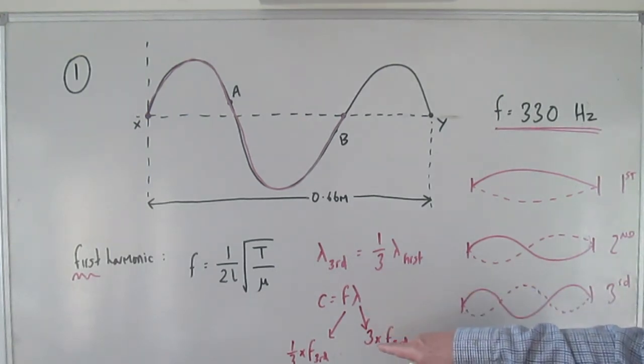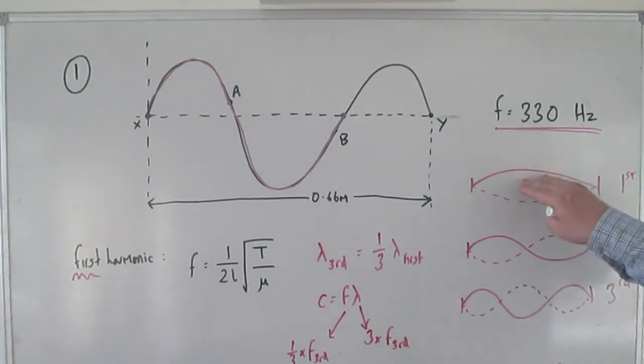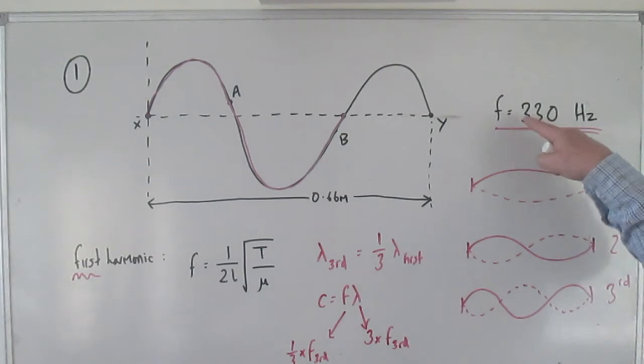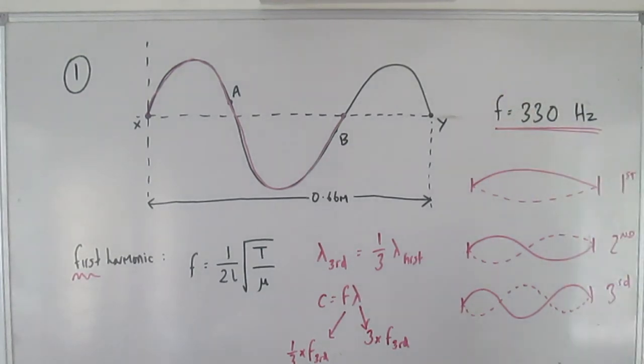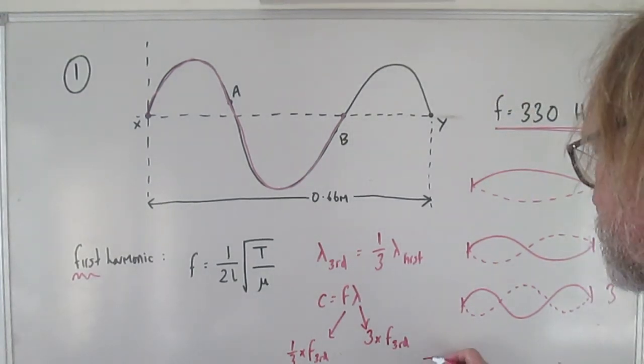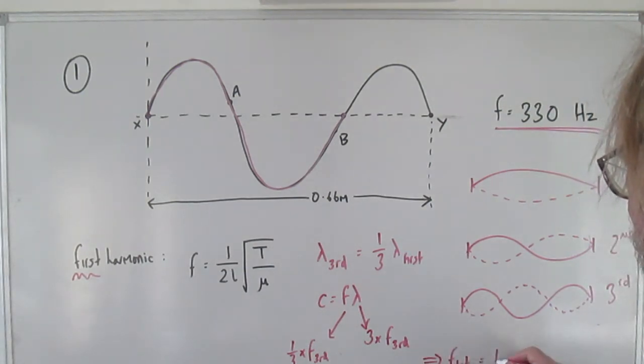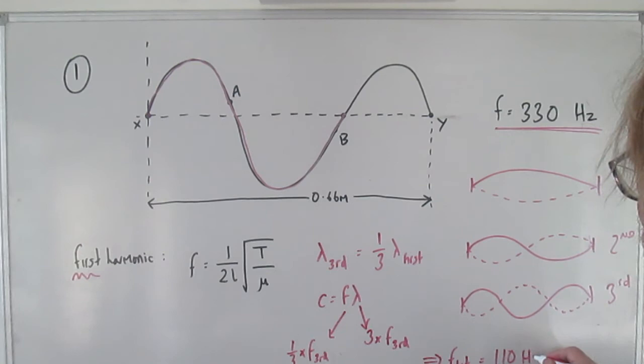Because the wavelength is going to be 3 times longer for the first harmonic, the frequency is only going to be 1/3 of that value. So the frequency for the first harmonic is going to be 110 Hertz rather than 330. That's going to be important when we come to putting the numbers in.